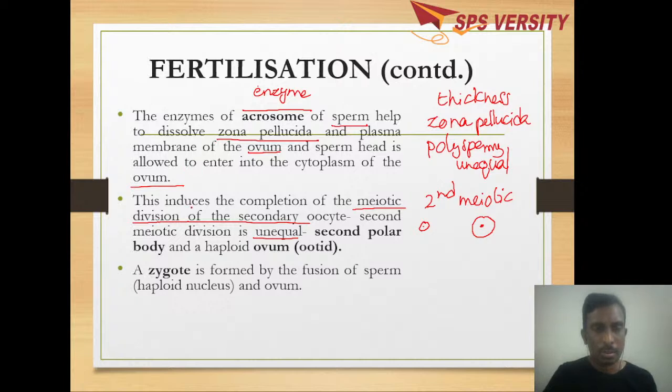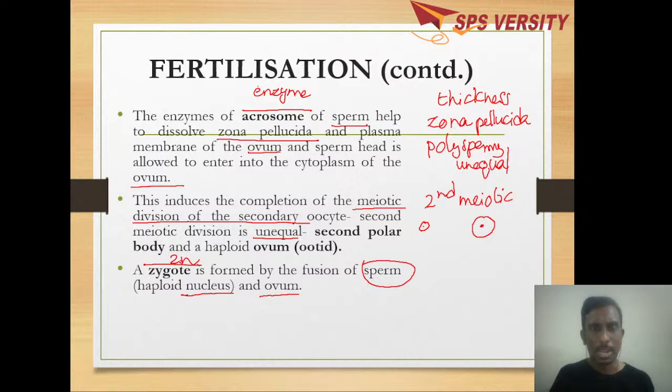Now the sperm has crossed the zona pellucida and has reached the nucleus of the ovum. So the nucleus of the sperm and the nucleus of the ovum will fuse. The important aspect here is that in the sperm, only the nucleus will fuse, and the remaining parts, the tail, the middle piece, the neck, are left out. This leads to the formation of a diploid zygote.